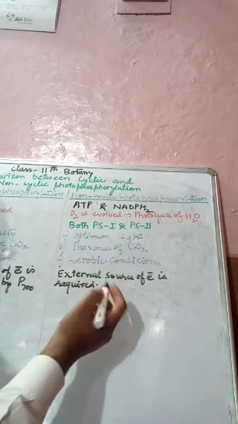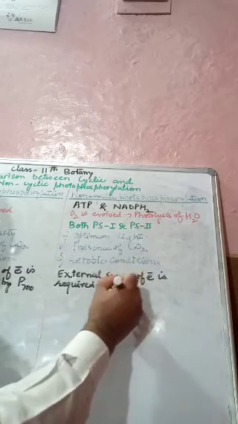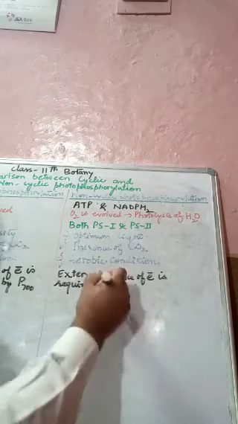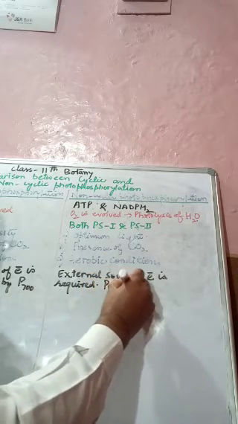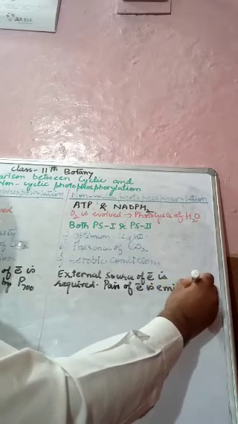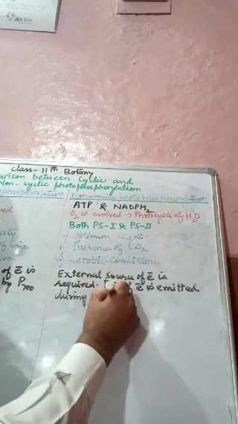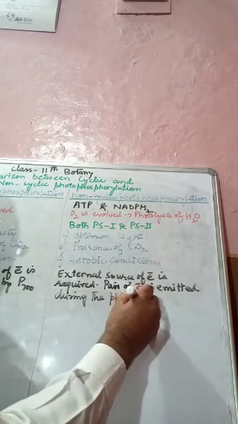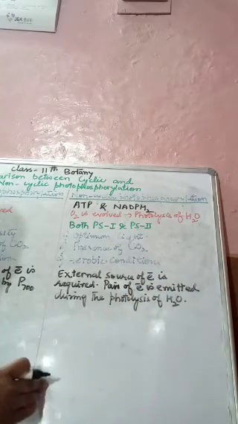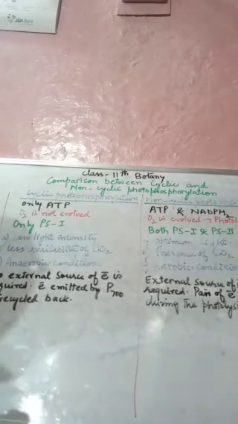The source of the electron is a pair of electrons, which is emitted during the photolysis of water.